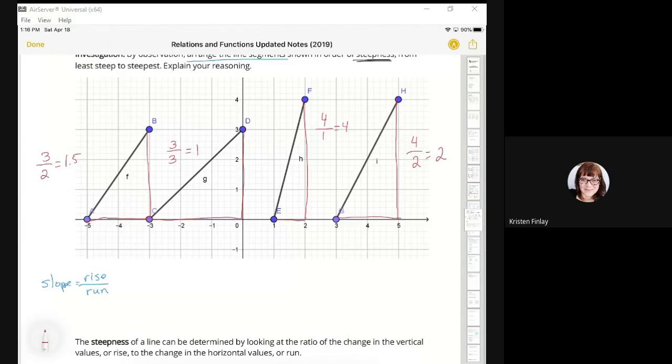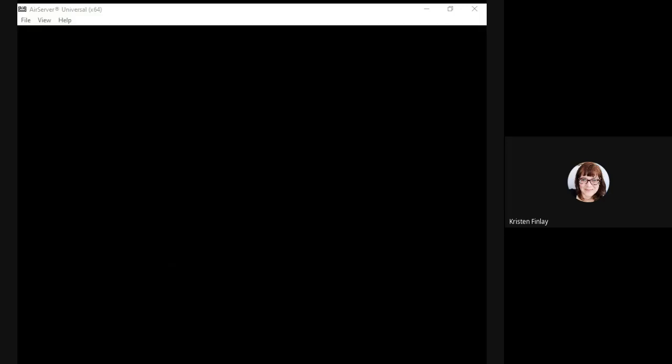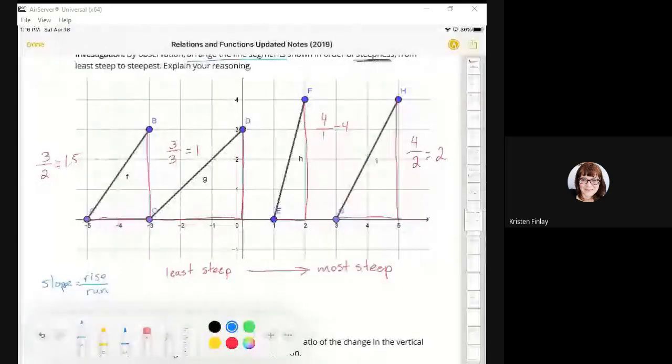So if we were arranging this in terms of steepness, from least steep to most steep, well, looking at that, the line segment that is the least steep would be CD, because it has the smallest number, 1.